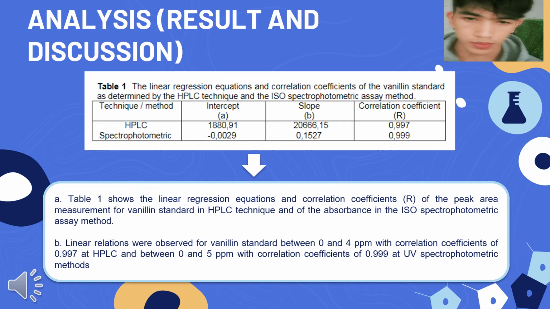Linear relations were observed for vanillin standard between 0 and 4 ppm with correlation coefficient of 0.997 at HPLC and between 0 and 5 ppm with correlation coefficient of 0.999 at UV spectrophotometric method.